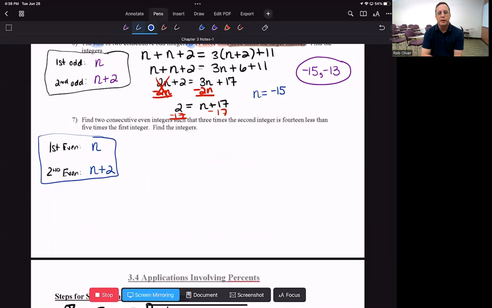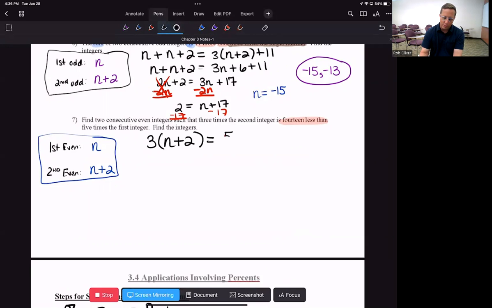So it says find 2 consecutive even integers such that 3 times the second integer. So let's do that. 3 times the second integer, so 3 times n plus 2, because the second integer is n plus 2, is 14 less than. It's got "than" in it, so I'm going to put that after the next part: 5 times the first integer.